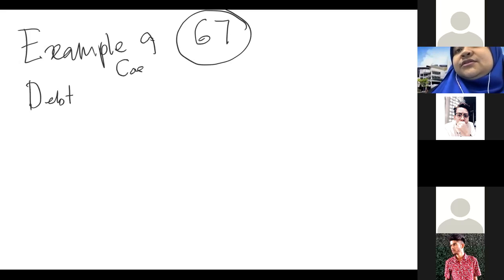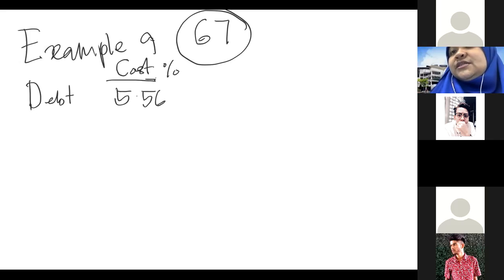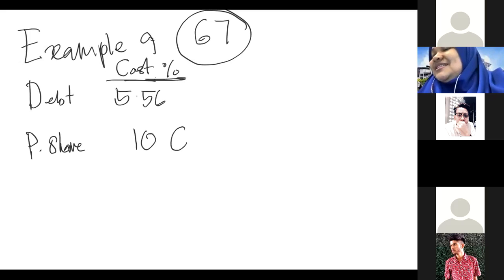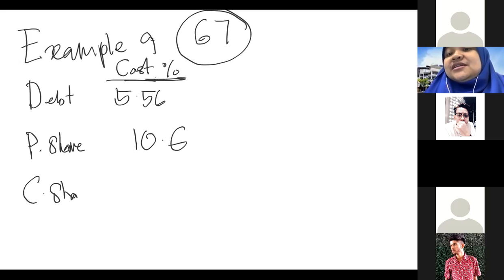The cost of debt is 5.56, so I convert it into percentage. Terus, preferred share is 10.6. Common share is 13. But now the weightage is not given.